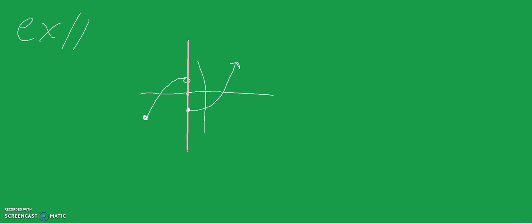Now here's where we might have an issue. It intersects right here and right here. But there's a huge difference between this point and this point. This point is an open circle and this point is a filled in circle. An open circle means it's not included, and a closed circle means that it is included.